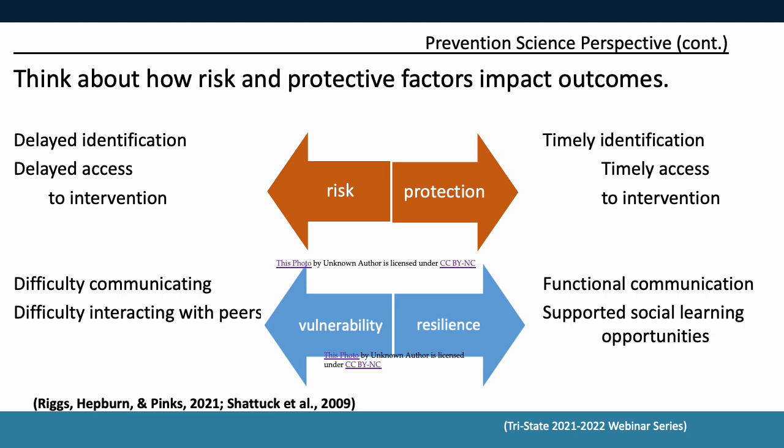So as we consider risk and protective factors, a protective factor for children with autism that's associated with better outcomes in life later is timely identification, usually meaning before the age of 3, timely access to intervention in order to have access to what you need to develop in positive ways over time.